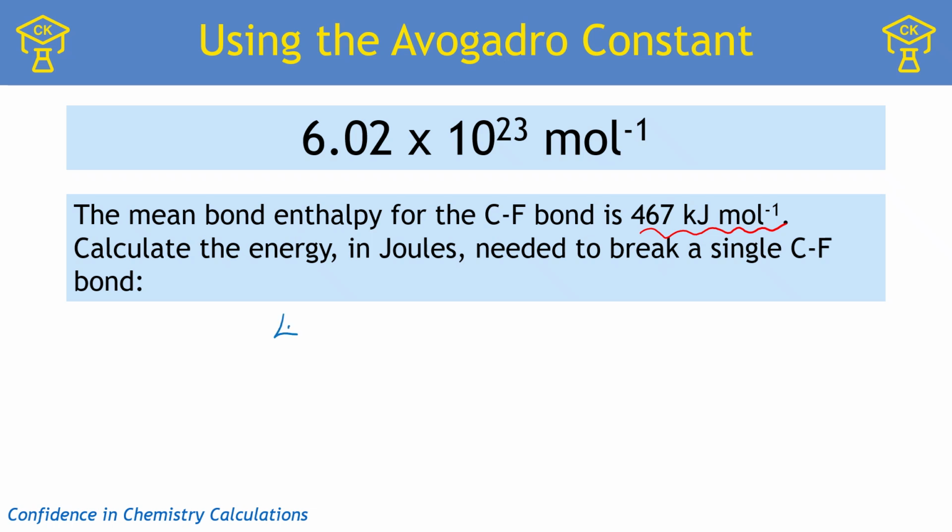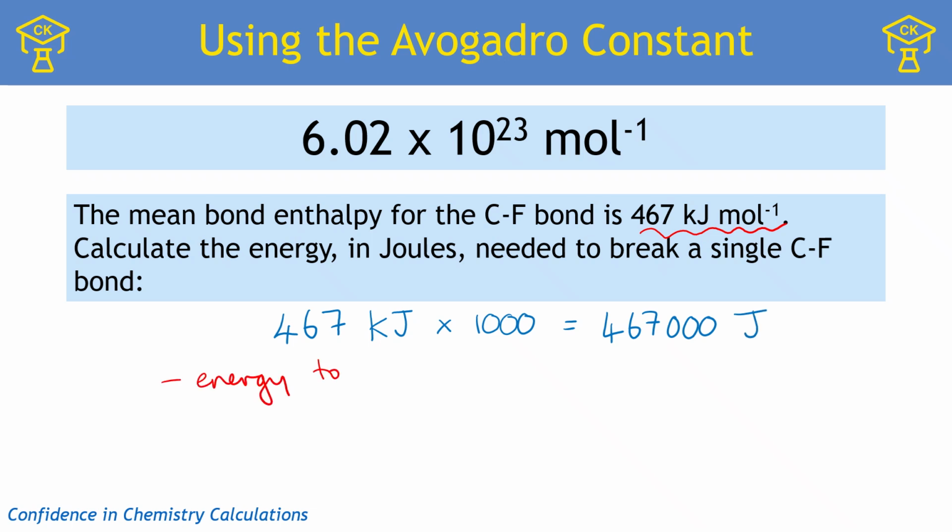So 467 kilojoules is the energy to break a mole of bonds, times it by 1,000 gives me 467,000 joules, and that is the energy needed to break 1 mole of bonds, and hence why it's measured in kilojoules per mole.